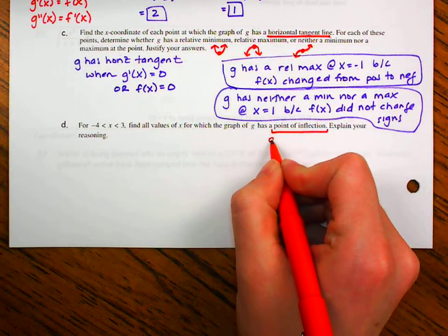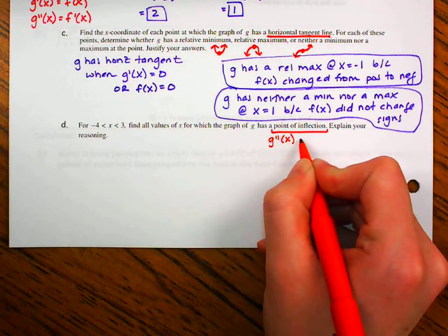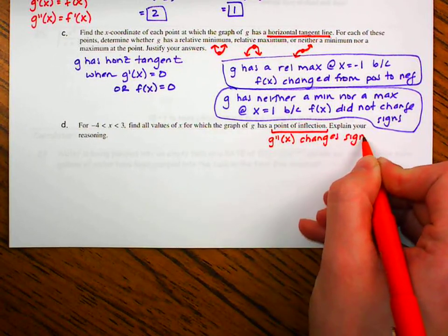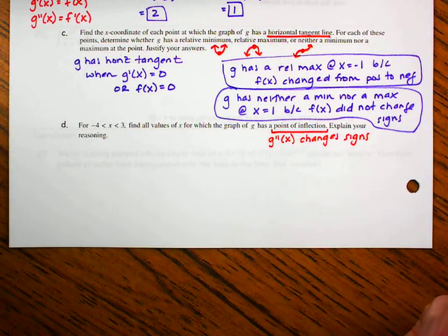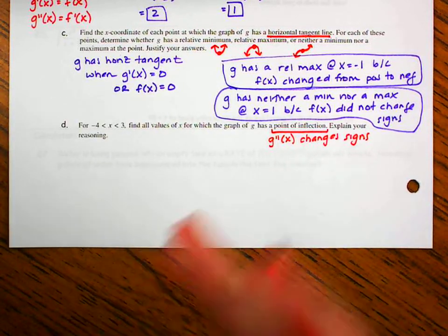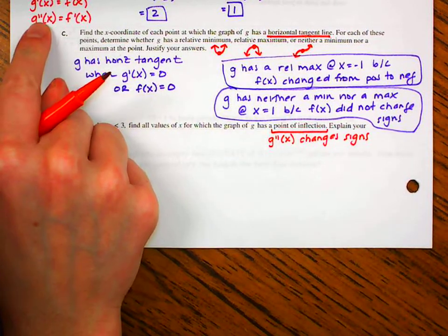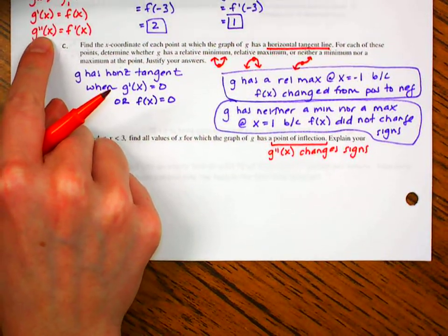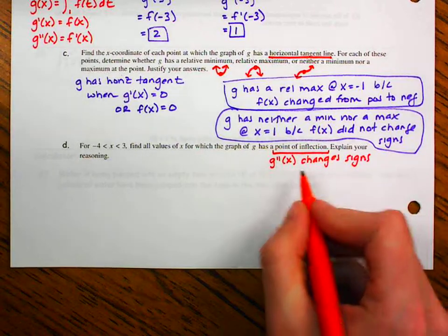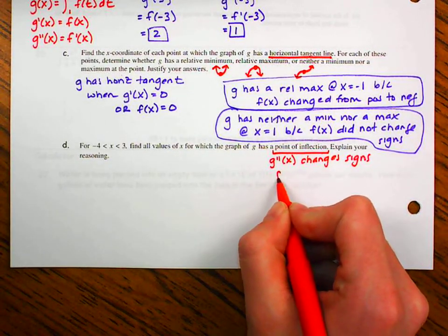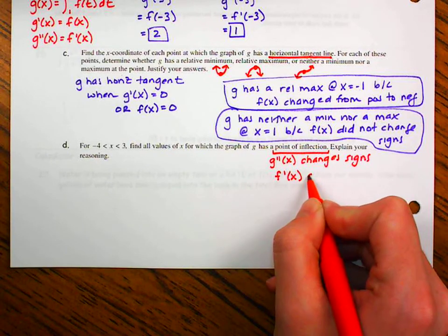So I want to know where the second derivative of g changes signs. Remember, my graph isn't g, my graph has information about f, so I need to change this into an f statement. The second derivative of g is the first derivative of f. So if I want where the second derivative changes signs for g, I'm looking for where the first derivative of f changes signs.